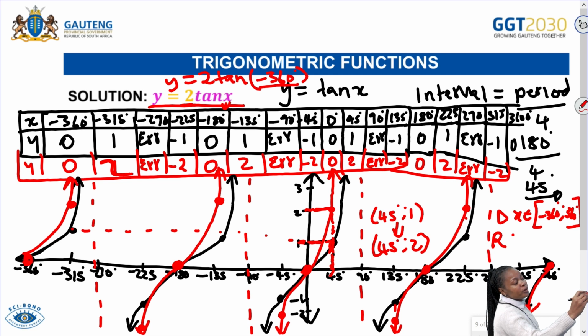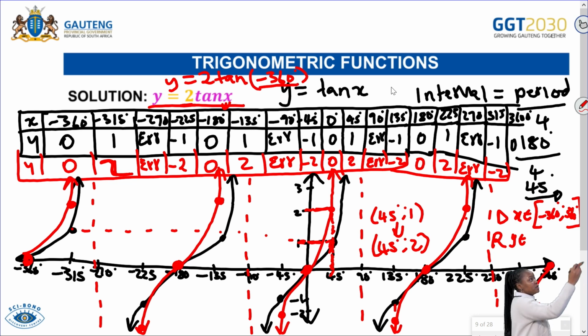Your range will be y is an element of, as much as we are saying with the one that has a change in a to be 2, when you are looking at your graph, you can see that it's a continuous graph. From here, it goes up until infinity, right? And then from here, it goes down up until infinity.